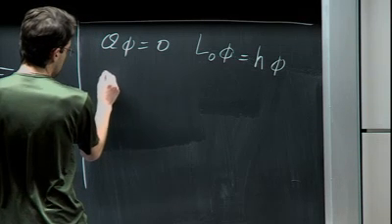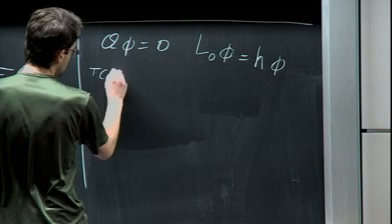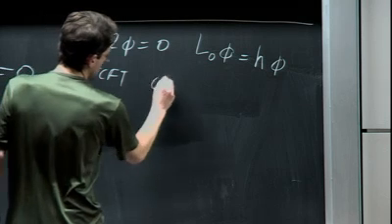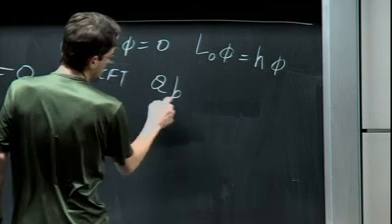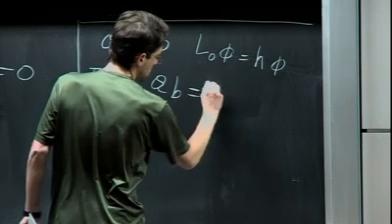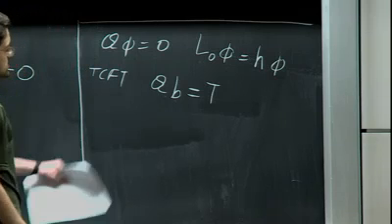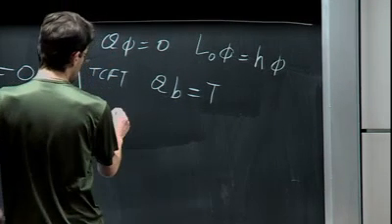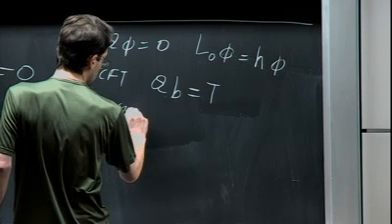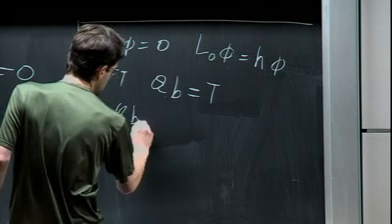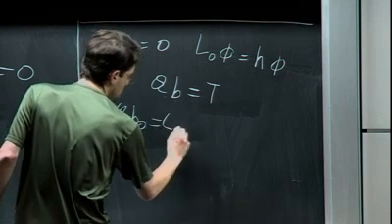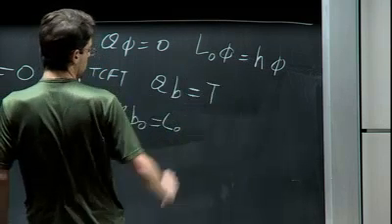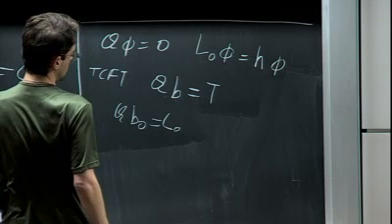But in a topological CFT, you have a B ghost, and that satisfies this equation, that Q of B is equal to the energy momentum tensor. So in particular, Q of B0 will be L0 if you do the Fourier decomposition there.